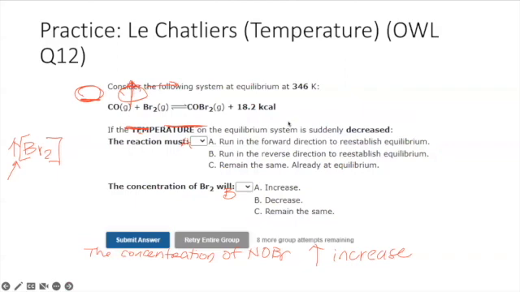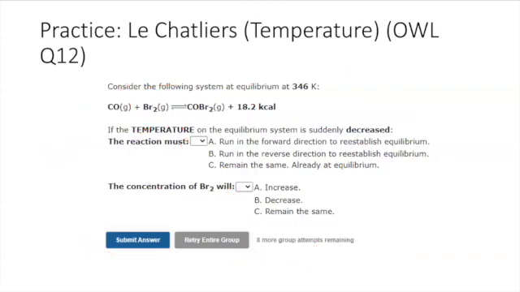Okay. Another example here. Temperature, right? I said this temperature does affect equilibrium, and it depends on if it's an endergonic or exergonic reaction. So they basically have to tell you. They can tell you by literally labeling it endothermic or exothermic.